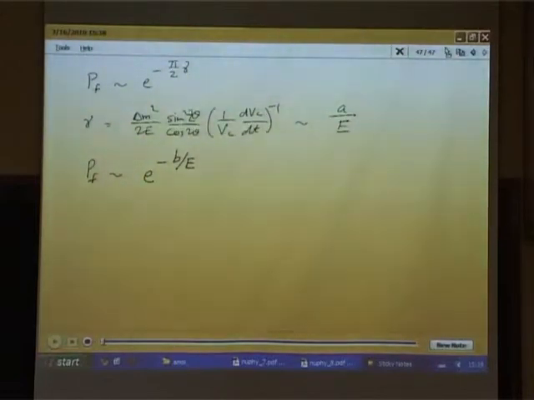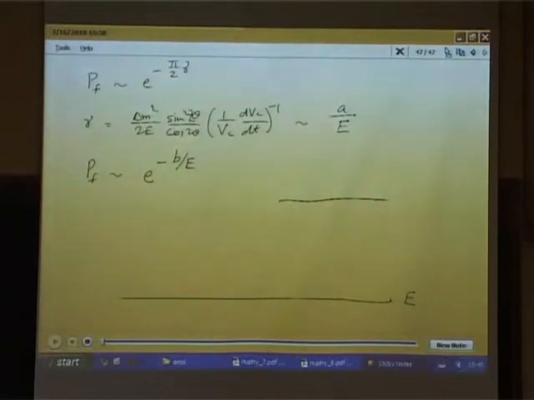Now we try to plot this, because this has some very nice features. Okay, let's see what this will look like. So this is the energy axis. What happens at large energies? At large energies, P will be close to 1. So at large energies, it's almost horizontal. What happens at low energies?